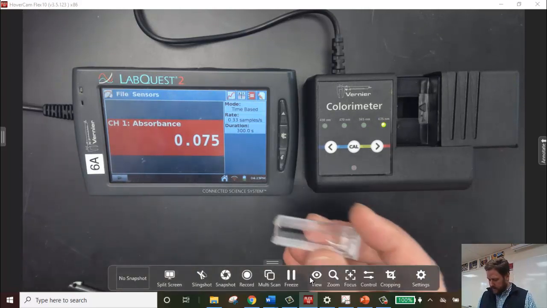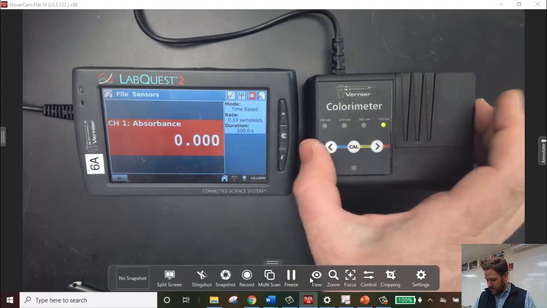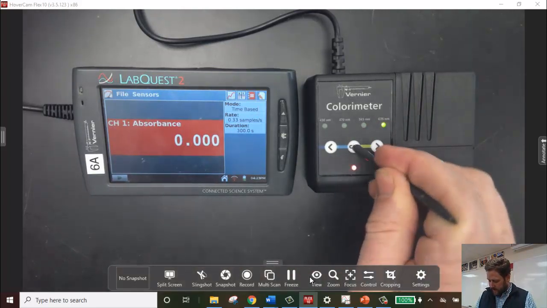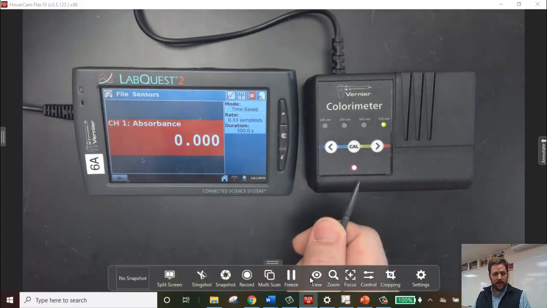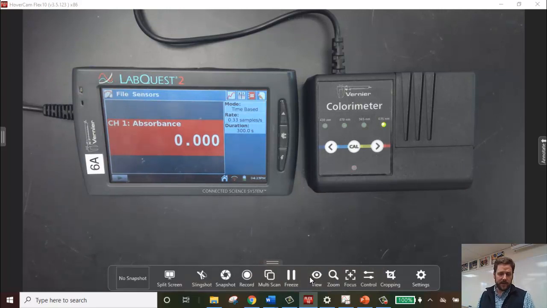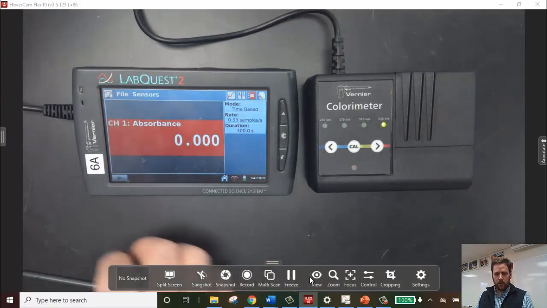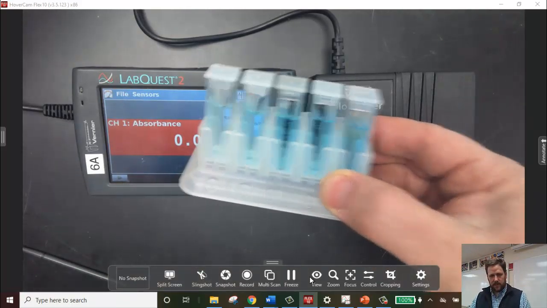The first thing I need to do is sort of teach the spectrophotometer what 100% transmittance looks like, or zero absorbance. I do that by calibrating the spec at the particular wavelength I want to use. Once that red light stops flashing, it's calibrated and it's set to use. So we'll go ahead and set it up to record the absorbance of each of these different concentrations in our serial dilution.